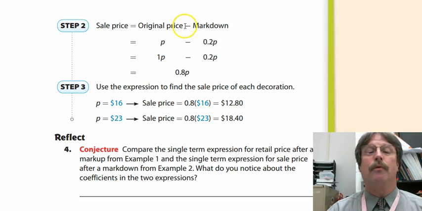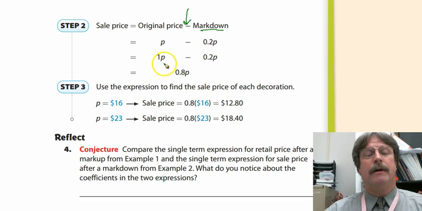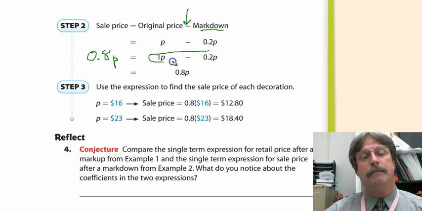You're subtracting the markdown. You're going to take 20%, okay? But notice here, you take 1 minus 0.2 and we get 0.8p. So I'm going to put that over here because when they ask for the two terms, this is going to be one term. So you know the original price, you subtract the markdown percentage, and that gives you this.